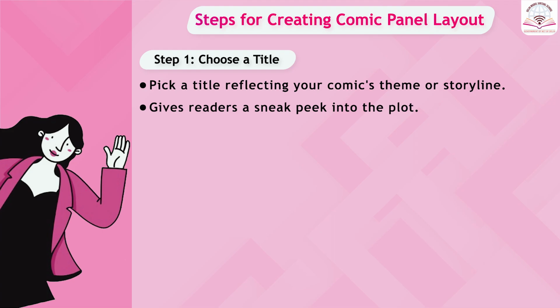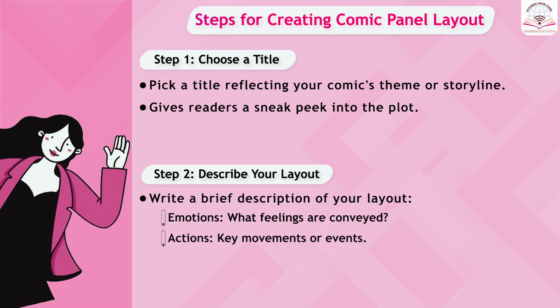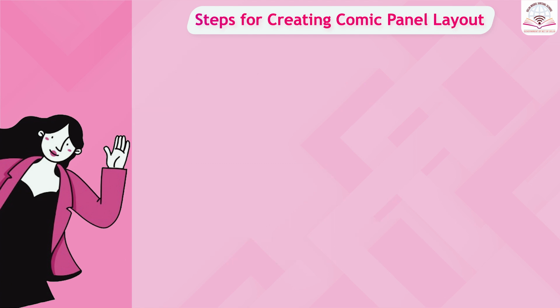The next step is to describe your layout. Write a brief description of your layout: the emotions, what feelings are conveyed, actions, key movements or events, setting, background, characters and events.